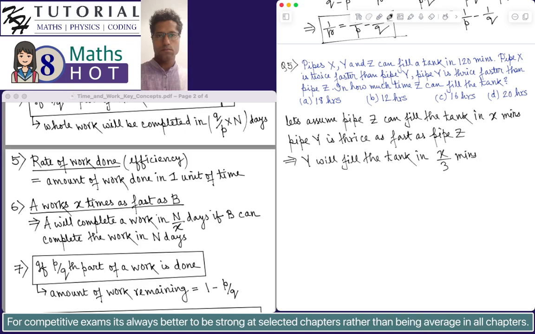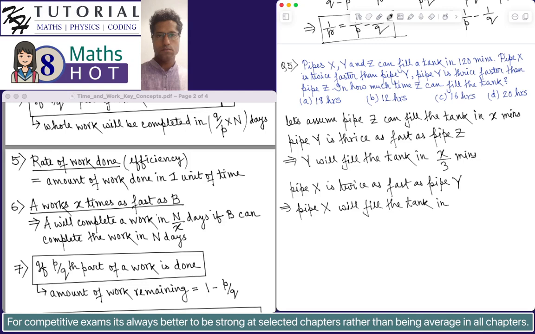Now it is given that pipe X is twice as fast as pipe Y. This will mean that pipe X will fill the tank in whatever time Y takes to fill the tank, divided by 2.